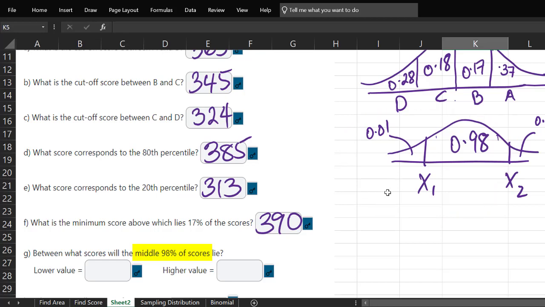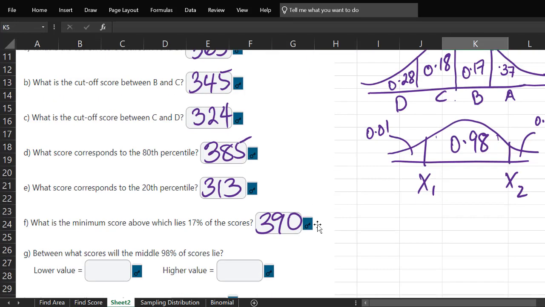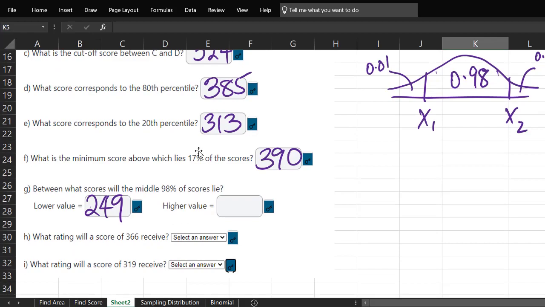So we go up here and put in 0.01, and that gives us 249 for the lower value. Then we plug in 0.99 for the upper value, and that gives us 449 for the upper value.